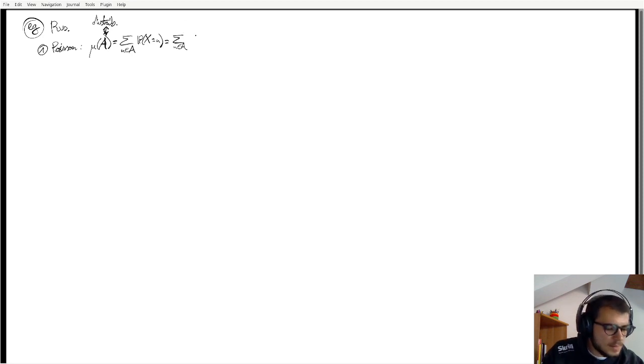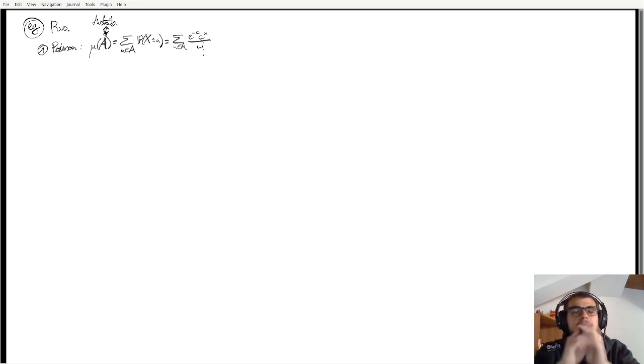That is e to the minus c, c to the n over n factorial. I should write this like 100 times in order to remember it. I don't know why, but it takes a lot of effort for me to remember this.